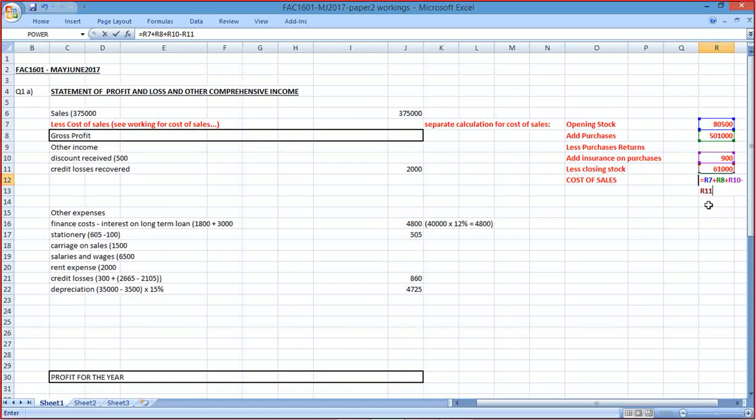That gives me an answer of opening plus purchases plus insurance on purchases minus closing. Did I minus closing stock? Yeah, I did. Okay.